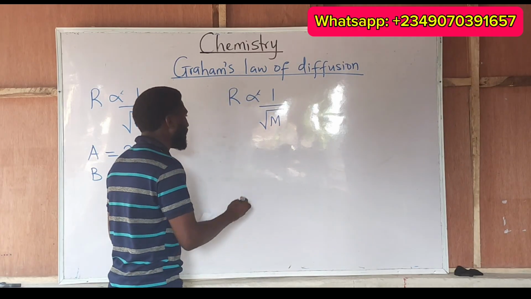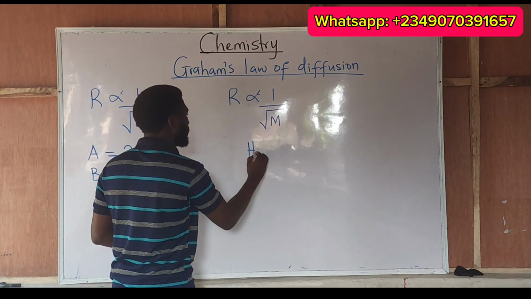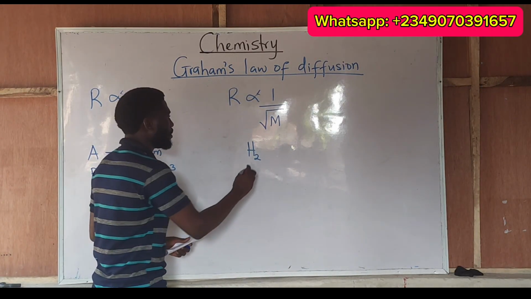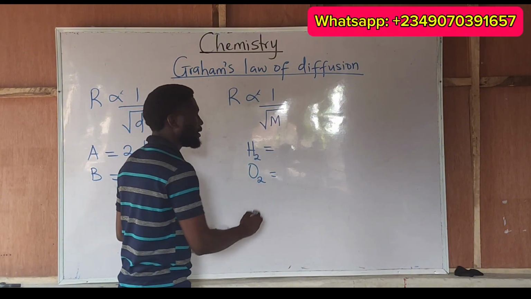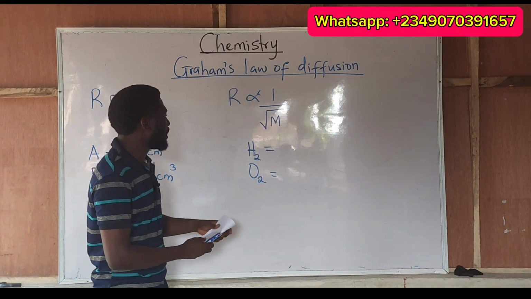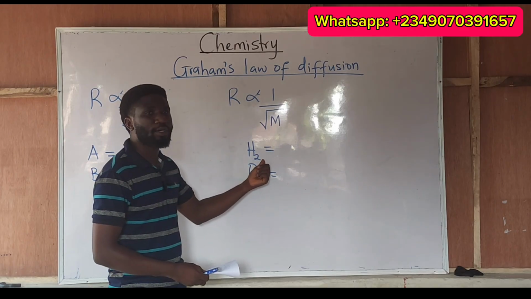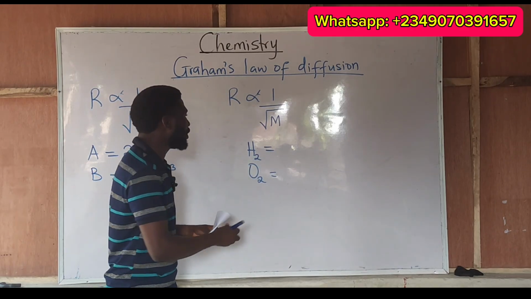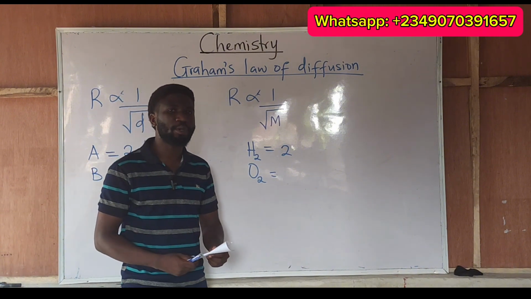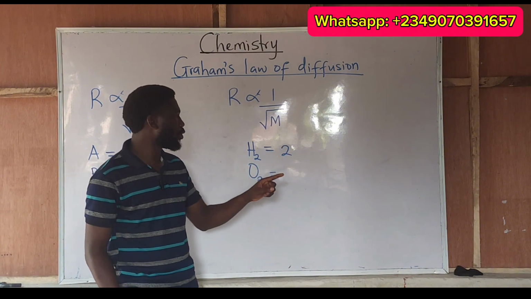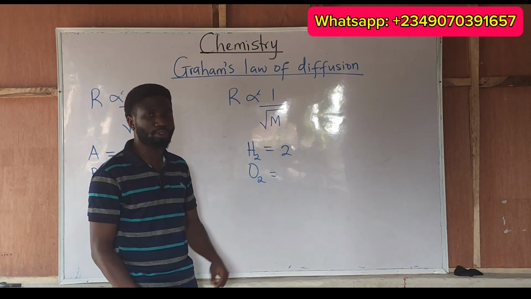Same thing with this. Let's say we have hydrogen gas, and then we have oxygen gas. In this case, the molar mass of hydrogen is going to be 2. Remember that the atomic mass of hydrogen is 1, so 1 multiplied by 2 gives us 2.